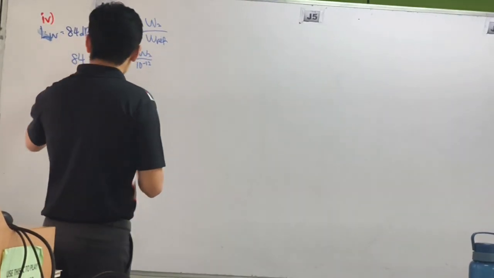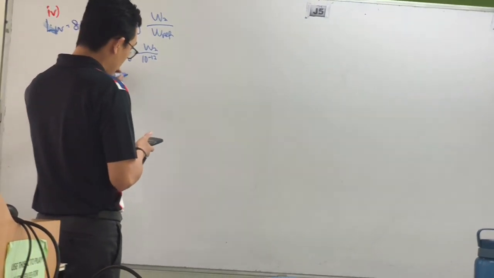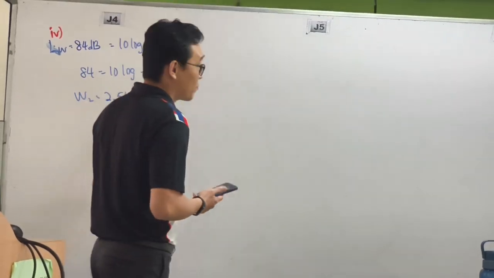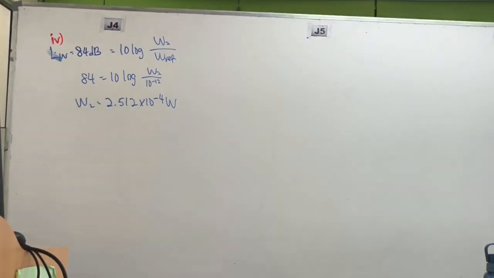So each machine now is 2.512 times 10 power negative 4 watt. Previously is how much? 2.512.